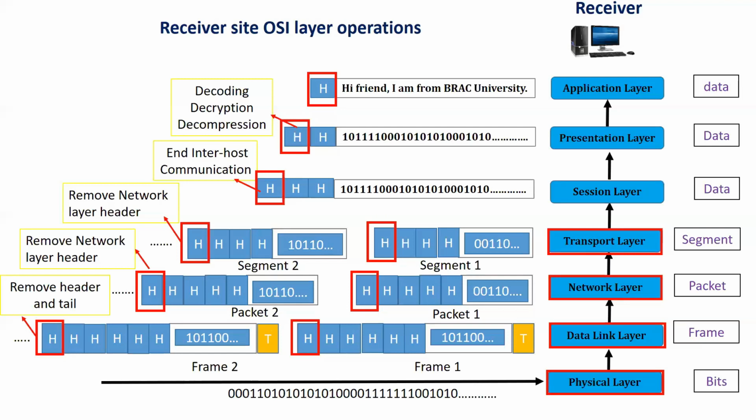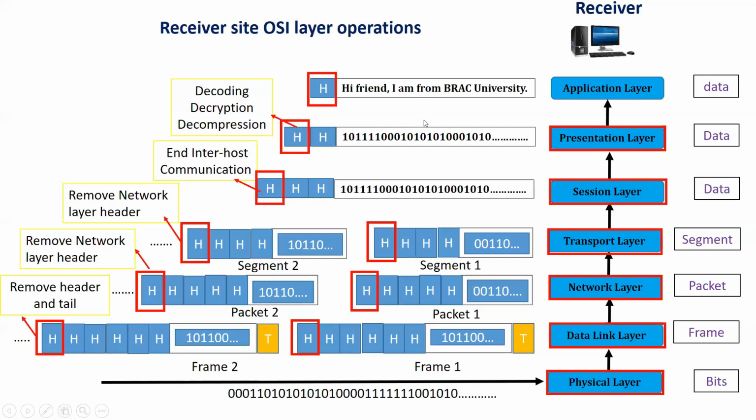Then the presentation layer is responsible for decoding the 1s and 0s to convert them to human readable form, decrypting the mail using the same encryption algorithm that the sender side used, and decompressing the information to find the original form of the sent email.